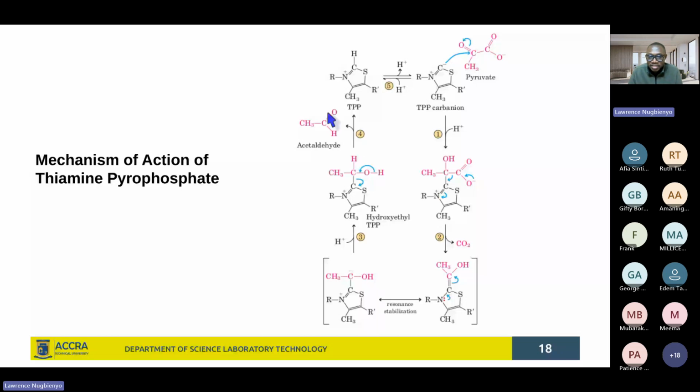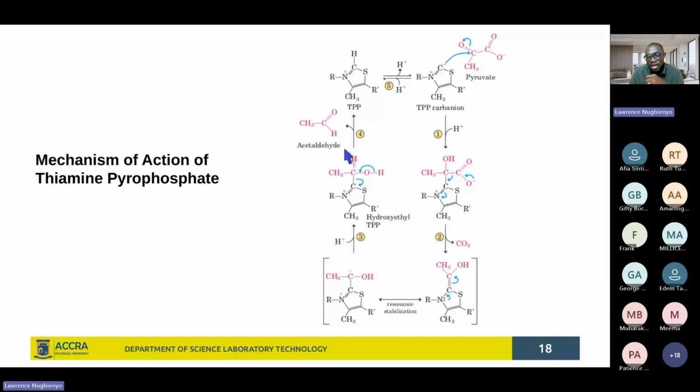In the end, you have acetaldehyde. So it's just the reaction which we were looking at earlier in the table, where you take pyruvate and this carboxyl group was removed as carbon dioxide given out. And then there was a hydrogen that came to bind on that carbon to give you acetaldehyde.